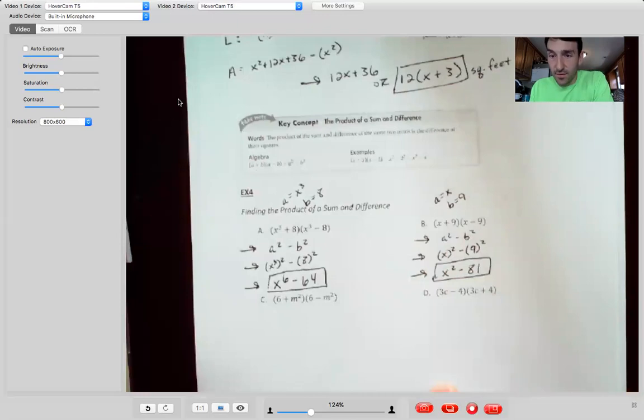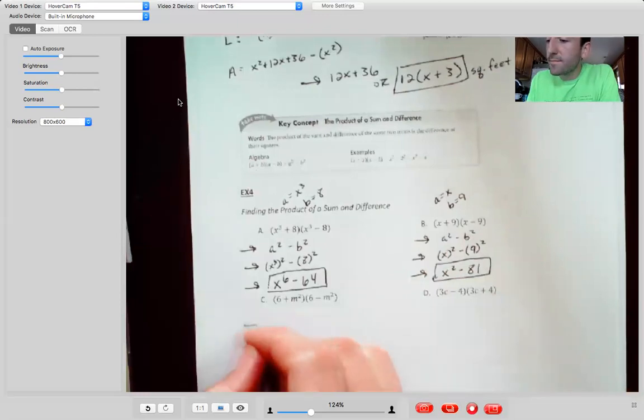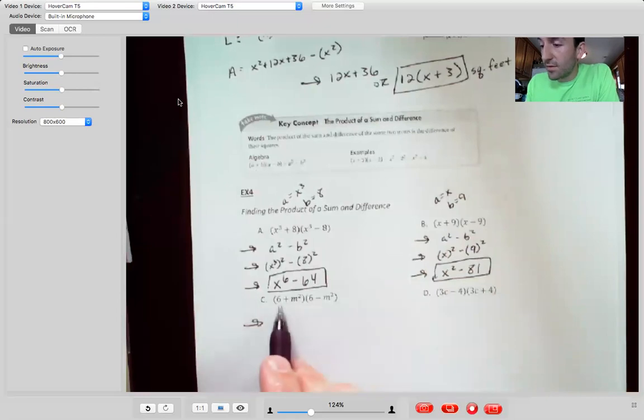Okay, next two, I'll just talk you through them and show a little bit less work. And again, you just recognize that this is an a plus b times a minus b, so you just know to use that formula.